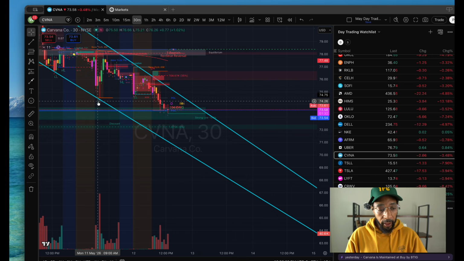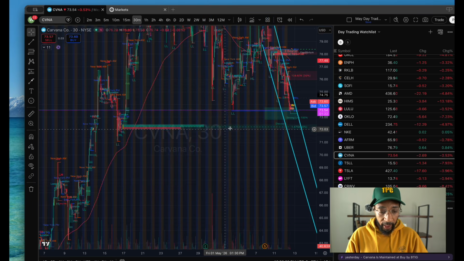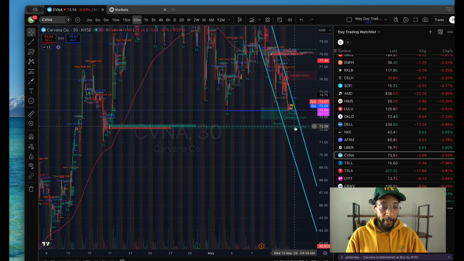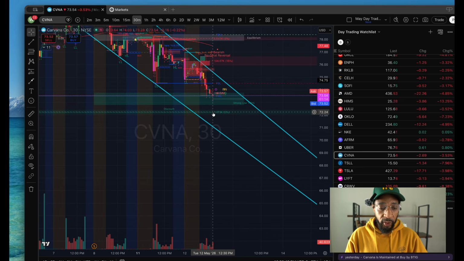You see we've been creating lower lows, right? LL, LL, LL. The next step will be a lower low, and that would coincide with this order block right here. So we could come down about 72.28 to this order block, which would be at the bottom of this trend channel.